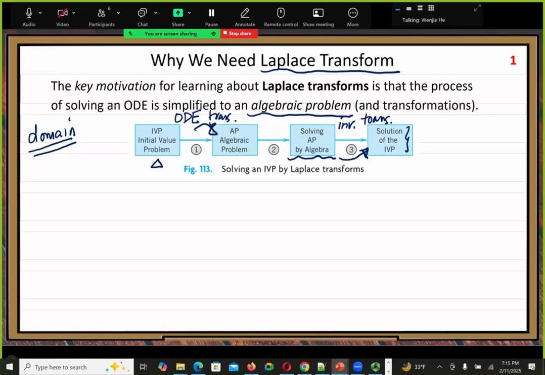Usually the original problem works in a certain domain. Here you can understand the ODE domain as some environment, some suitable environment. That's the meaning of domain.